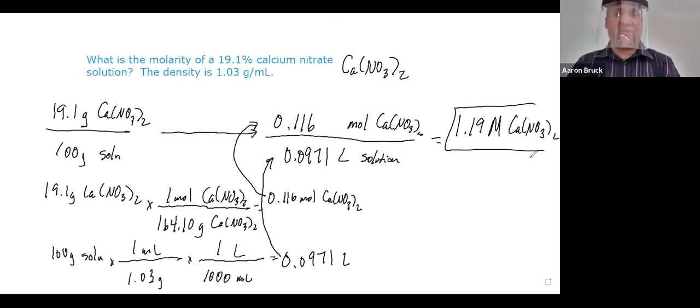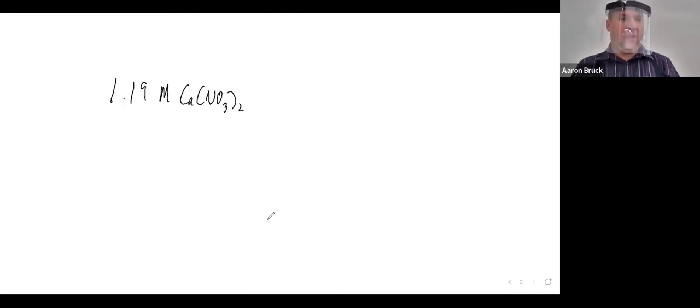With dilutions? Okay. So let's take this 1.19 molar solution of calcium nitrate, and let's take 50 milliliters of it.